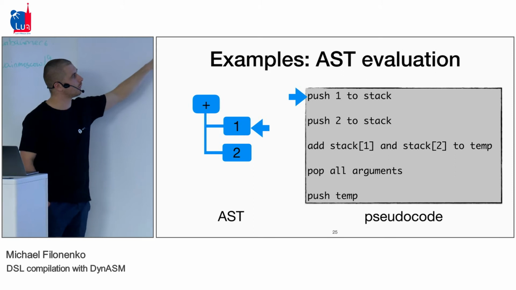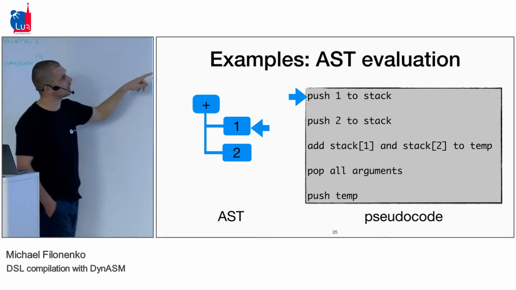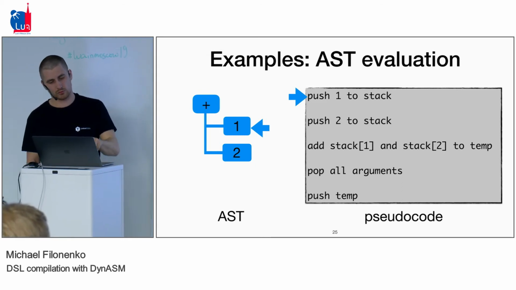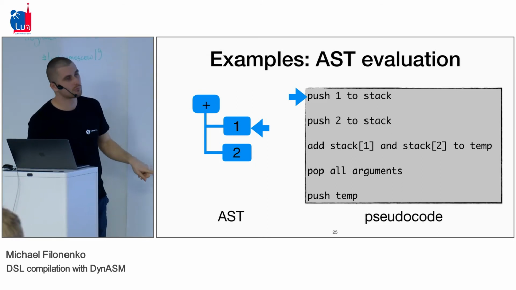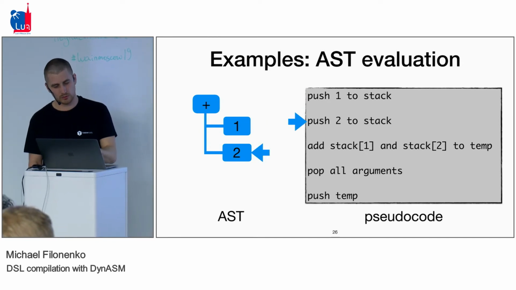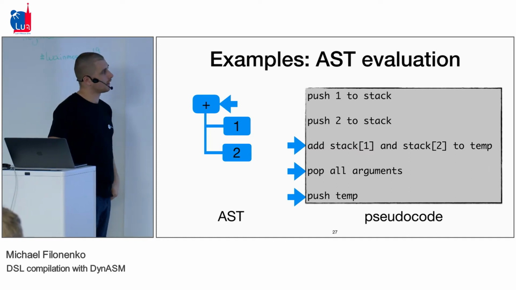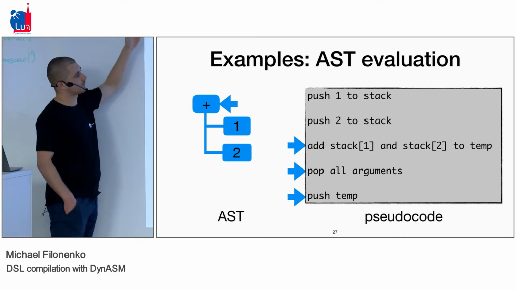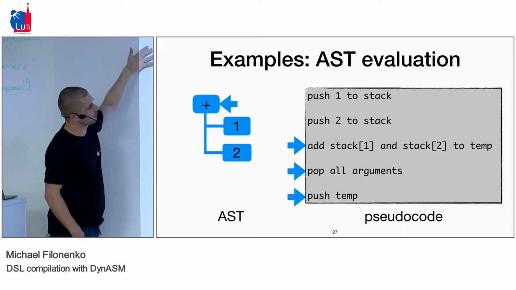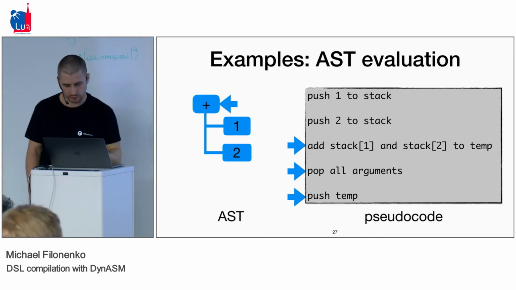The previous example with a small arithmetic abstract syntax tree. First of all, we push the first argument, then the second argument, and the last one, we make the addition operation, pop all arguments, and push the result back to the stack.